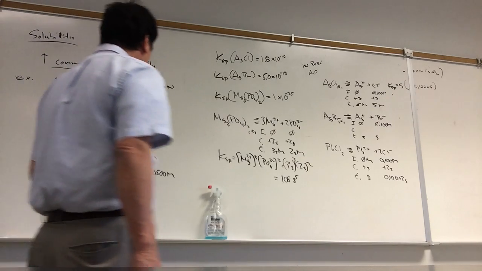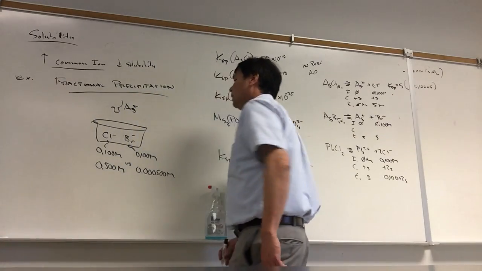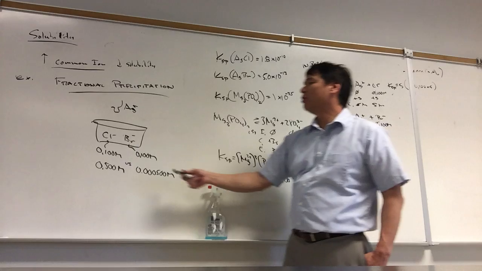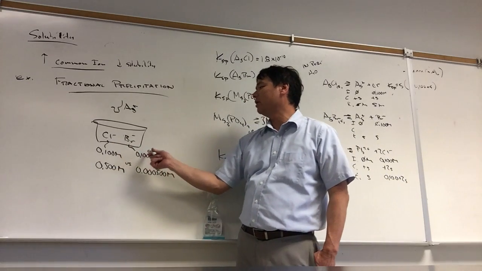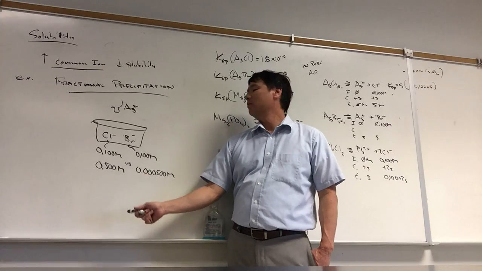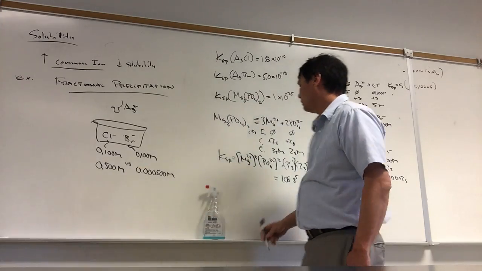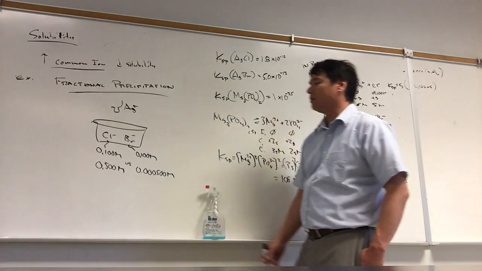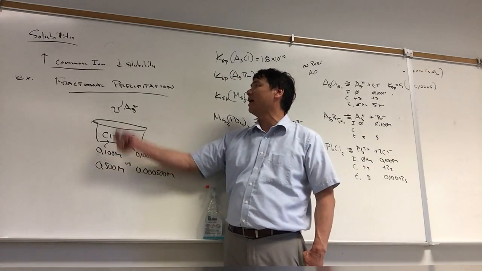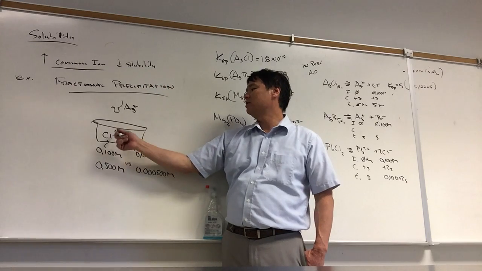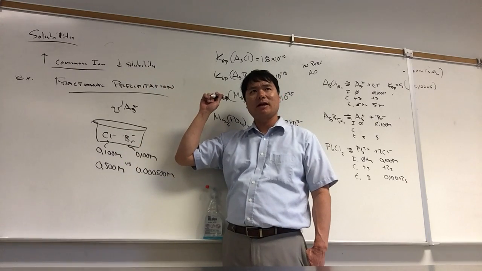And so if I have something like this, in pure water, chloride's more soluble. In 0.100 molar chloride and 0.100 molar bromide, silver chloride is still more soluble. But when I change it, now I'm going to add another factor, and it depends on how much common ion I have. The more common ion I have, the lower the solubility. We said silver chloride is more soluble because it has a bigger KSP.